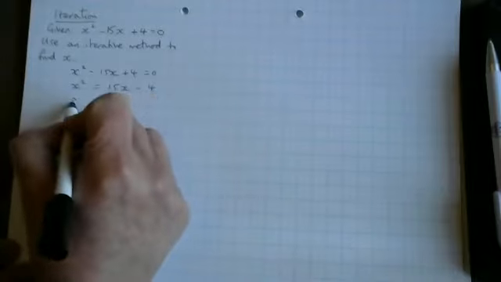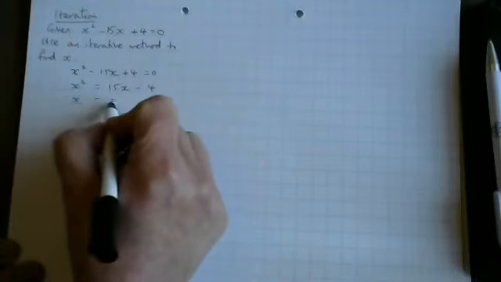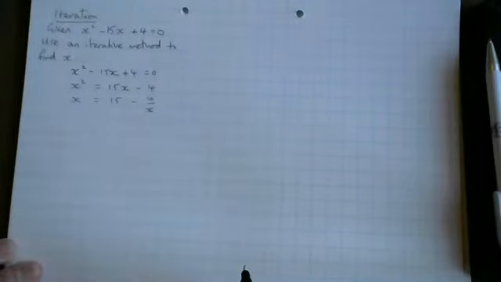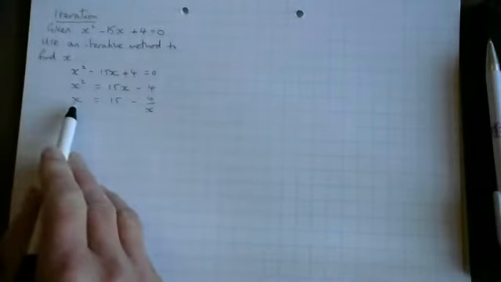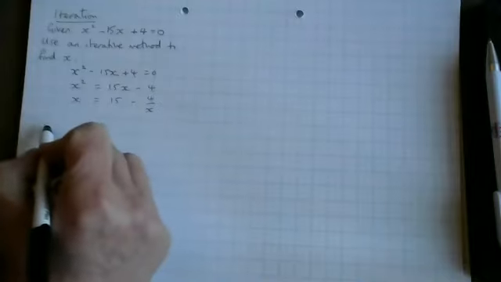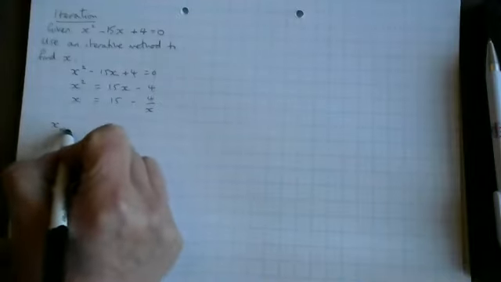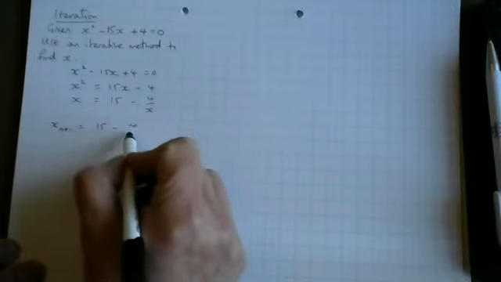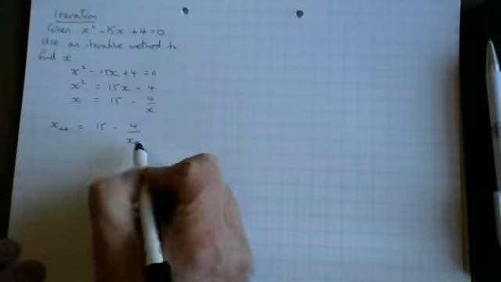Divide by x. x equals 15 minus 4 over x. The x is now by itself, so our iterative formula is x n plus 1 equals 15 minus 4 over x n.